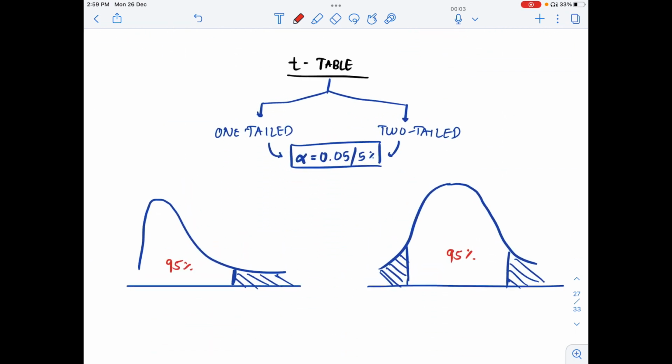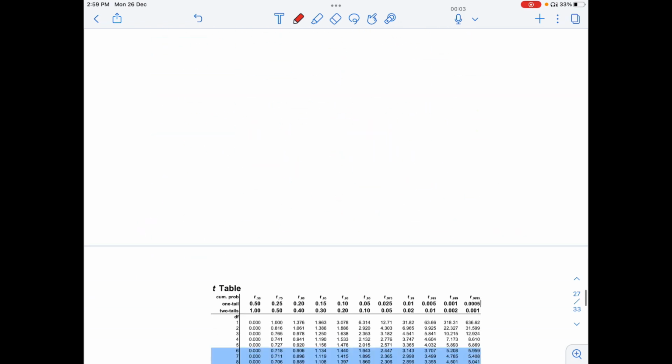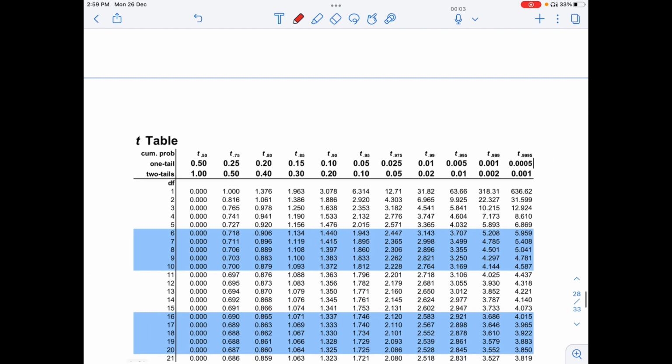Okay, moving on to the T table. As we have already seen many times, T tests are one-tailed or two-tailed. For a one-tailed test, alpha is alpha only, and for a two-tailed test, alpha is divided into alpha by 2 for each portion. Here it is alpha, here it is alpha by 2, alpha by 2. First let's take a look at this table, with one-tailed and two-tailed columns.